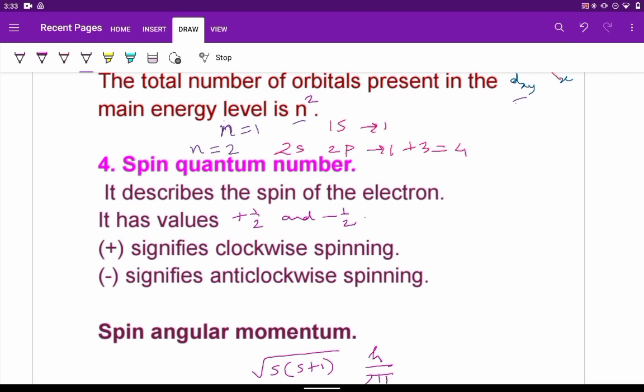For n equal to 2, we have 2s and 2p orbitals. Only one 2s orbital and 3 2p orbitals. So 1 plus 3, 4. So we can say that the total number of orbitals present in the main energy level is n square.